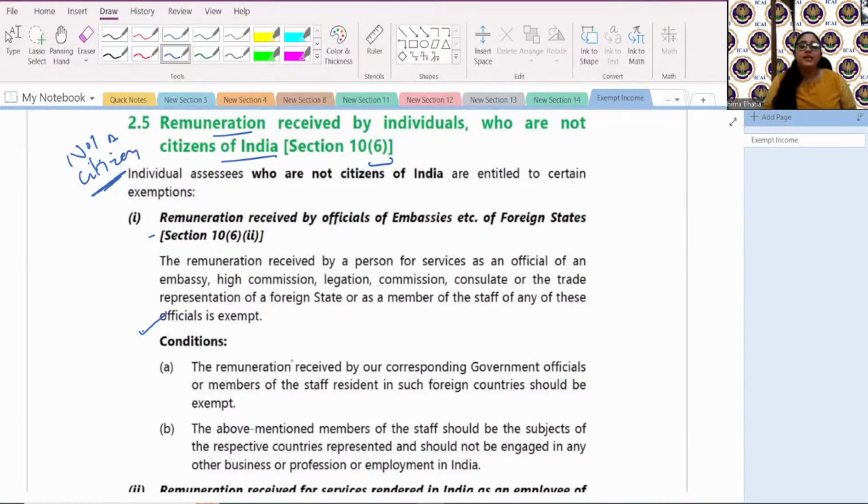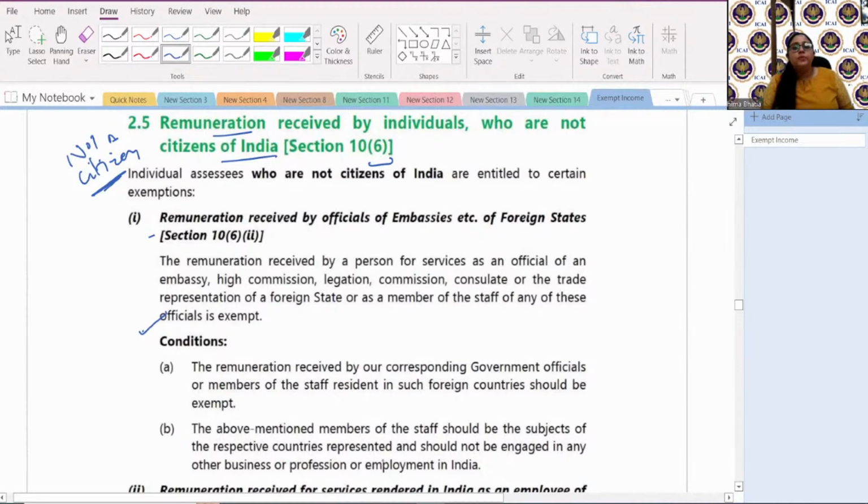Provided we will only exempt if the persons of our country who are in the high commission of your country, not the Indian persons, are not paying any tax there in the foreign country. So there also their income is exempt in the foreign country, only then we will exempt your income in this country. It's a two-way relation. Your diplomat salary is exempted in India, our diplomat salary who are there in your country is exempted from your taxation.